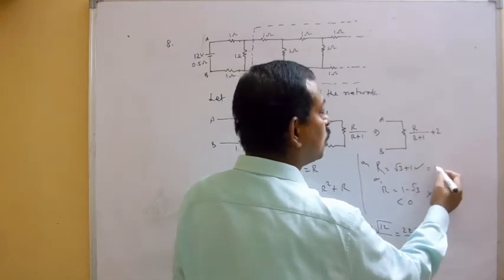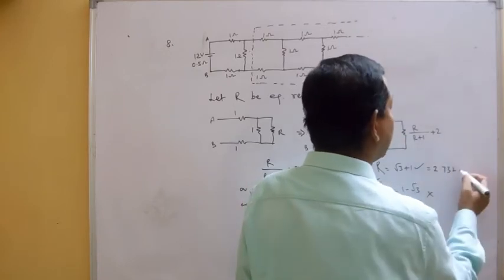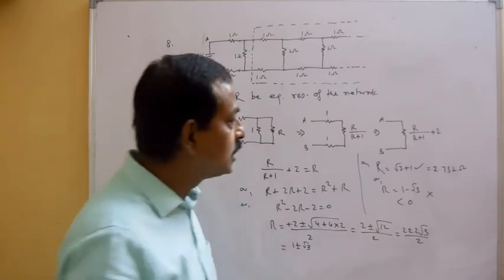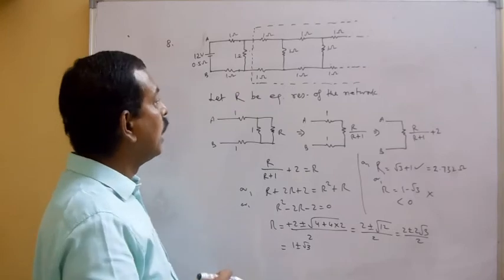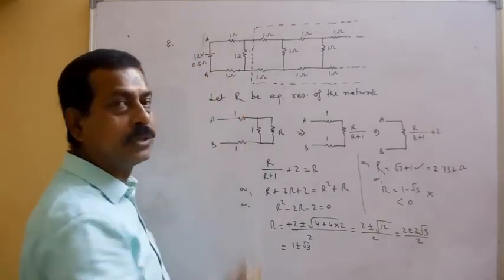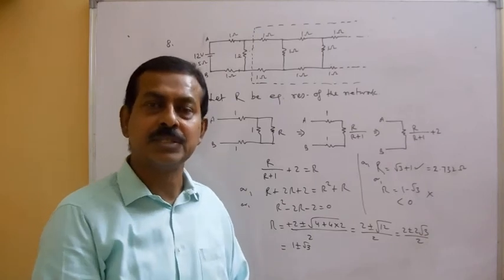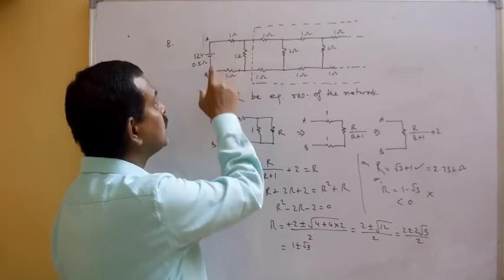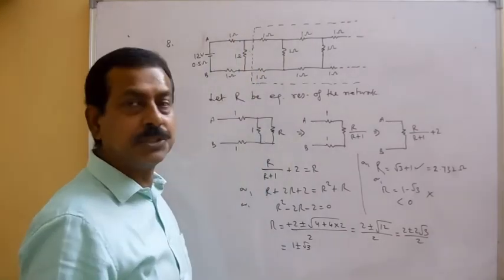So it will be 2.732. That much. So this is the equivalent resistance. Now, our aim was to find the current drawn from the circuit. If this is the equivalent resistance of the given network, the total resistance of the circuit will have this 0.5 also added to it.